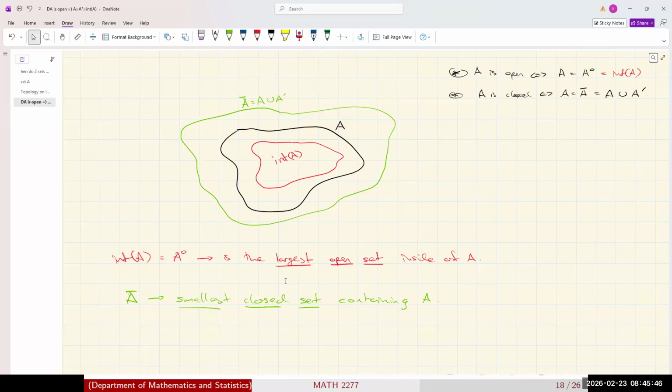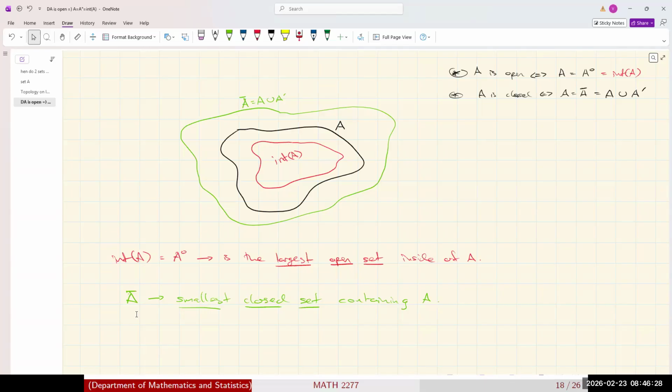To prove that the interior is the largest open set inside of A, you have to show that the interior is the union of all open sets in A. To prove that the closure is the smallest closed set containing A, you will have to show that the closure is equal to the intersection of all closed sets containing A. Of course, when dealing with open sets, the union of any amount of open sets is an open set.